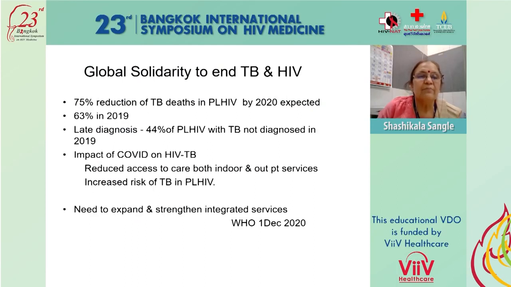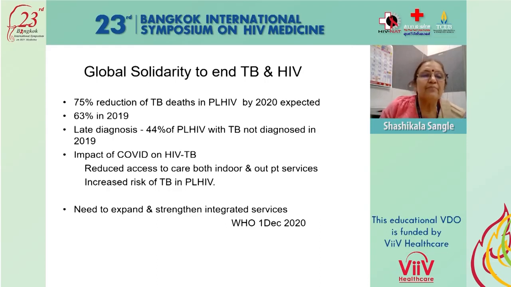Last but not the least, on 1st December 2020, which is World AIDS Day, the theme is to eliminate HIV and AIDS. And with this assumption, we have to also assume that tuberculosis should get eliminated. The National Elimination Program for Tuberculosis aims to eliminate it by the end of 2025, and for this we have to work very hard.